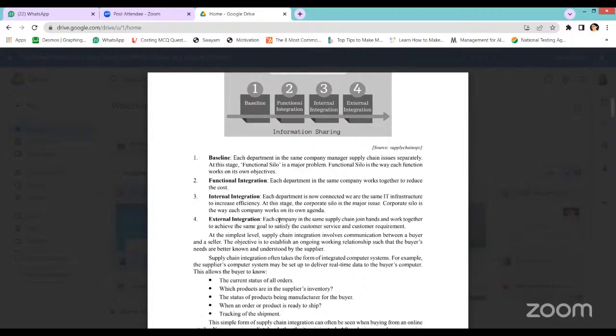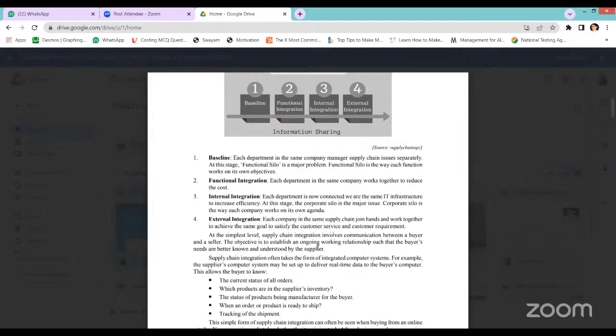Like that, whatever different companies are involved in this integration, each company works towards its own agenda first. Then each company in the same chain will join hands and work together to achieve the same goal, so that they can satisfy the customer and provide suitable products as required by the customer.